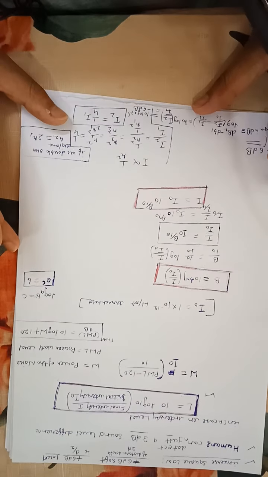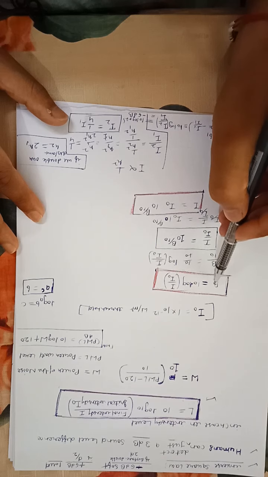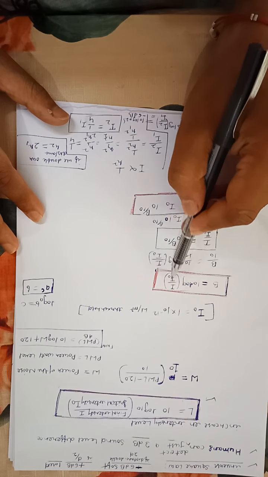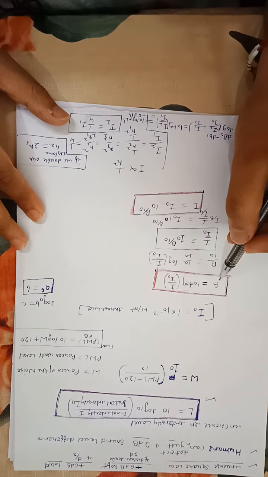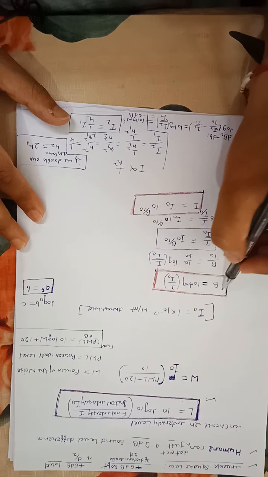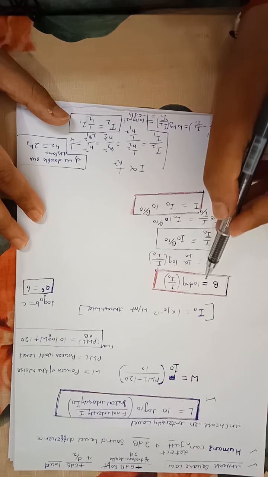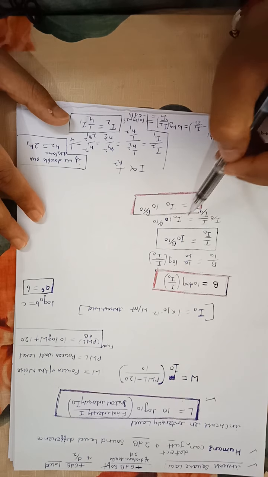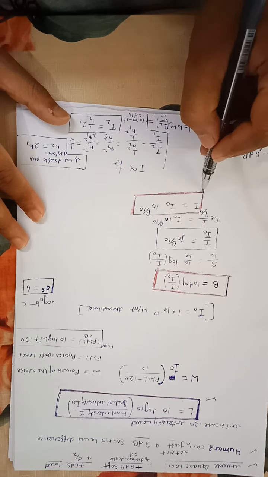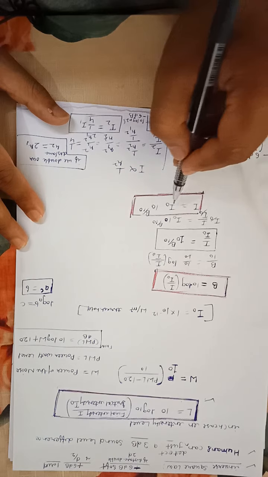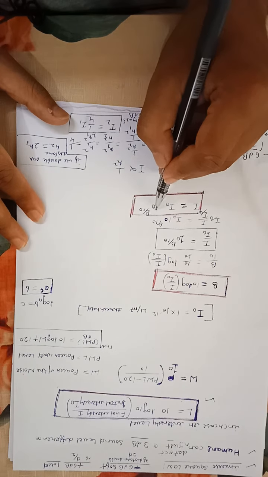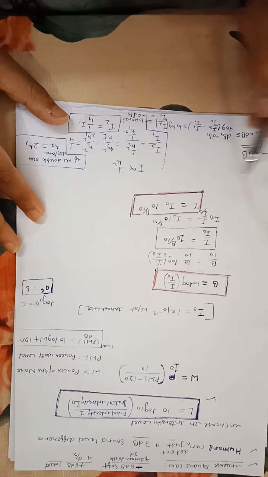Then this is also an important formula. B is equal to 10 log I by I naught. Sometimes we call intensity level as B. So by changing the value here, we find this formula: I is equal to I naught 10 to the power B by 10.